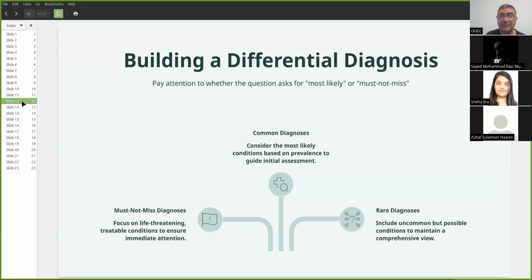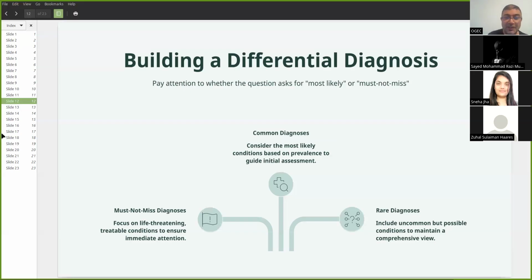So the differential diagnosis is organized by urgency and also the likelihood. Which one is most probable, or which one is more urgent, based on the red flags.